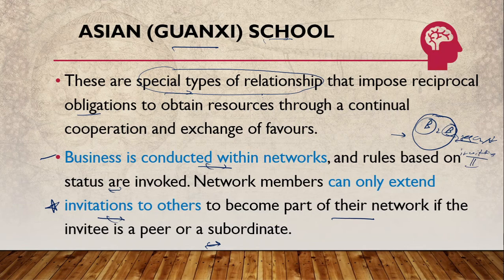Once there is a restriction on the invitation, then there is an obligation to obtain resources through continual cooperation and the exchange of favors. So there is obligation on both of them, because one is inviting and the other is accepting the invitation. Just remember that this school focuses on this type of relationship. You need not go much into detail of this.